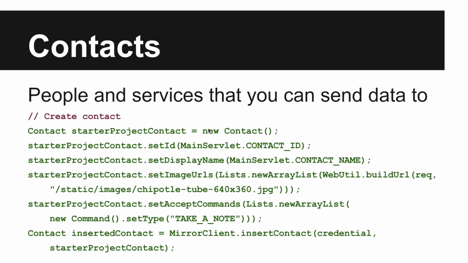Contacts. Contacts are people and glassware that you can send data to. This is a little strange to say, but really the people that show up as contacts represent some endpoint on glassware, right? You have to have something that handles them.